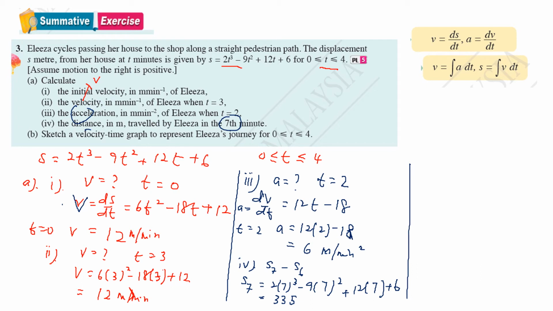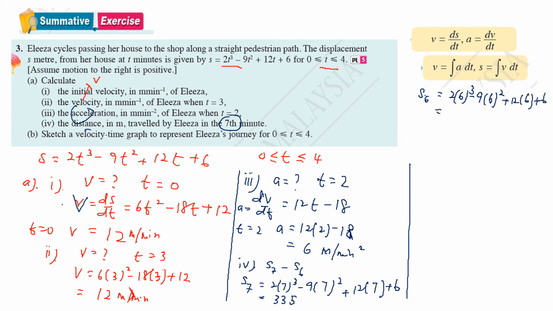Then we calculate s6. When t is 6, we substitute in the same function: 2 times 6 cubed minus 9 times 6 squared plus 12 times 6, then plus 6.